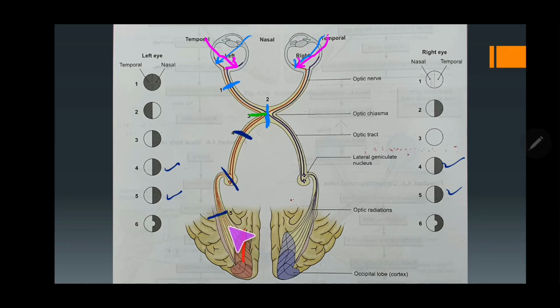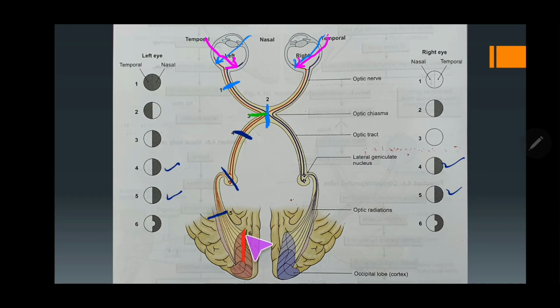These are the fourth neurons or the third order neurons, the different terminology I have been repeating. They are the fourth neurons if you include the photoreceptors in this pathway, or they are the third order neurons if you consider the rods and cones as the receptors.